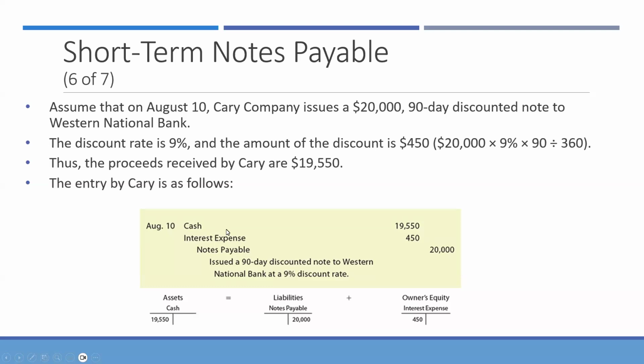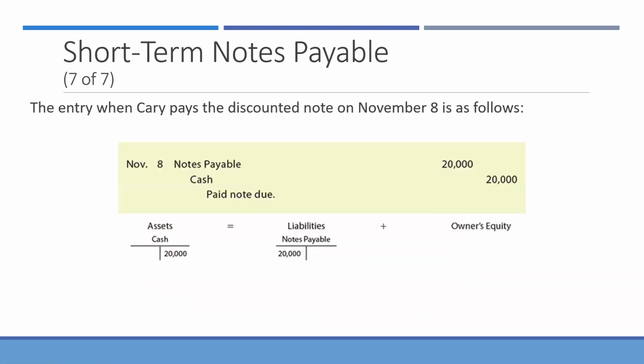So debit to cash for the amount of cash that we receive, debit to interest expense because it is going to be our interest expense in the current year, and then a credit to notes payable for $20,000. That's the face amount. That's what we're going to owe. And then when we actually pay it back, we debit notes payable and credit cash.